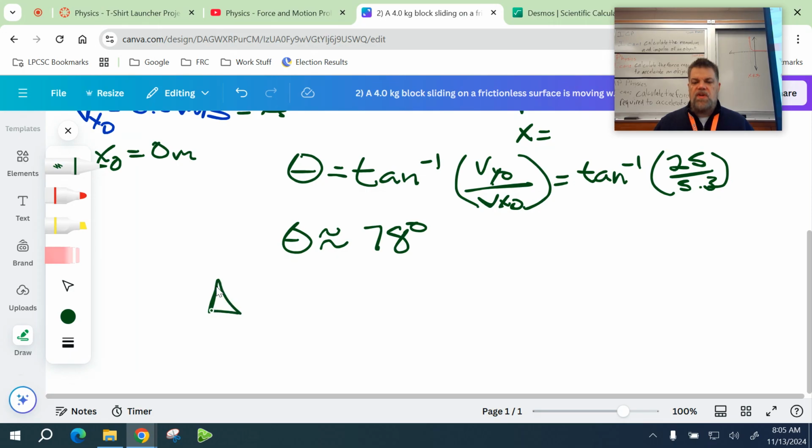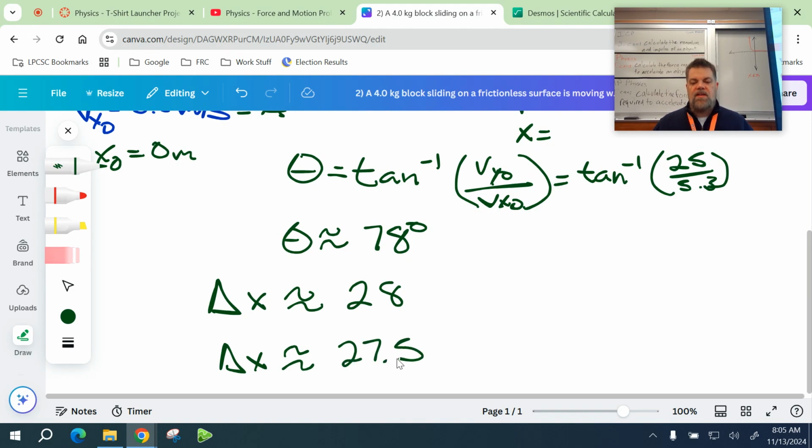I ended up with delta x is about 28 meters, but I'm looking at this now, they did some rounding because they used the other formula and they rounded for sine and rounded for cosine. And so they have about 27.5. Right, so I think that's one of the options.